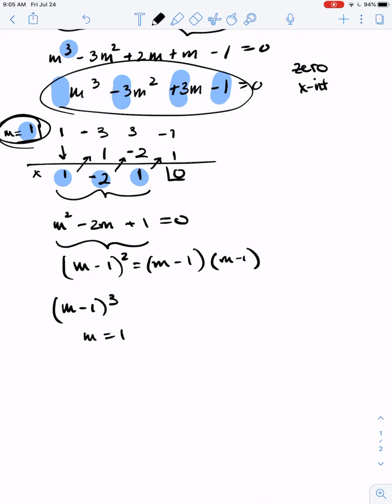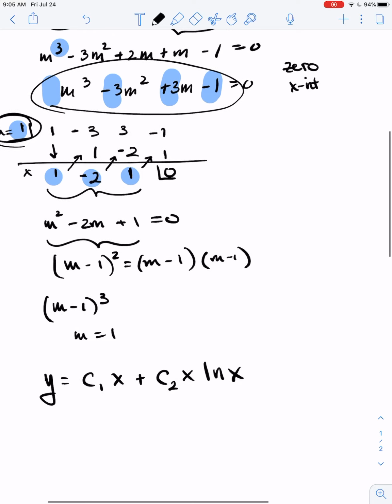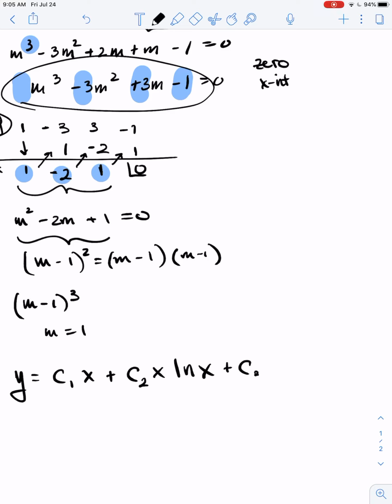Now when they repeat, this goes 3 times, so the way that'll work is when you write your solution, it's going to be y equals c1 x to the first, so that's the easy one, and then c2 x ln x, like I went over in the one video, and then c3 x, and then you just square that third one. M equals 1 repeats, so you don't need the ln for the first one, so it's c1 x, and then multiplied by ln x on the second one.